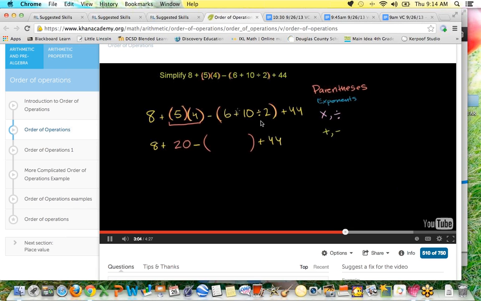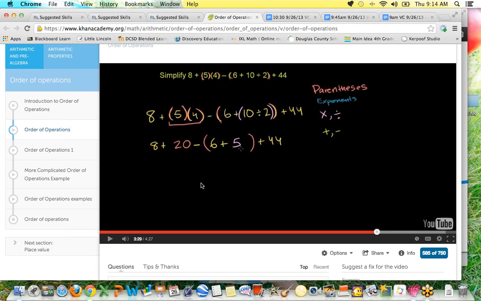You could imagine putting some more parentheses right here to really emphasize the fact that you're going to do the division first. So 10 divided by 2 is 5. So this will result in 6 plus 5.